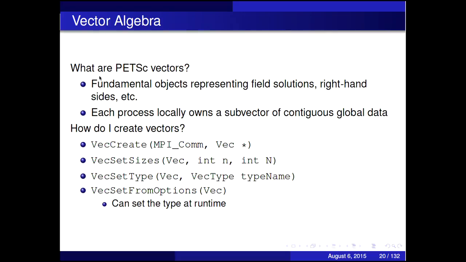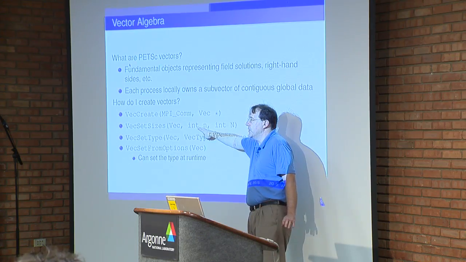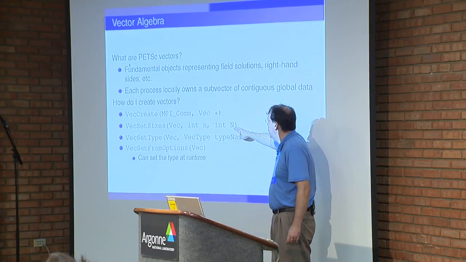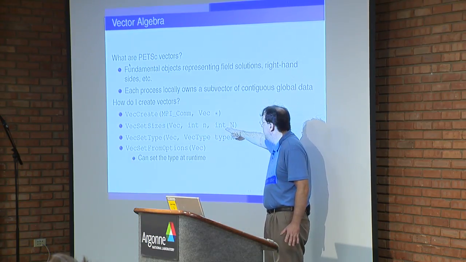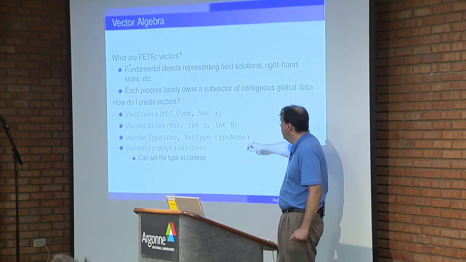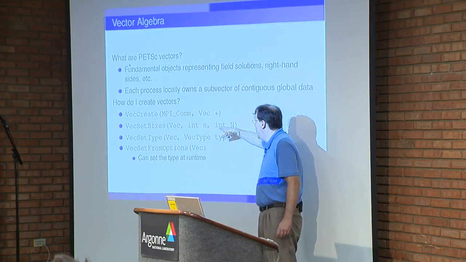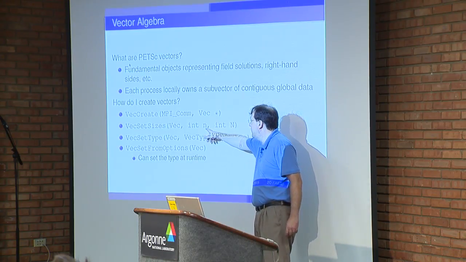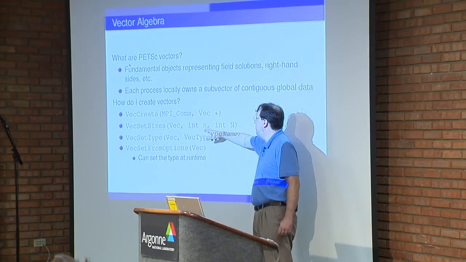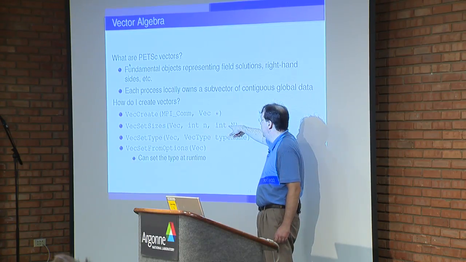In this case, vec set sizes takes the local size, which is the number of terms in the vector you want to store on this process, while this is the number of terms that's going to be across the entire communicator where the vector is stored. You don't have to pass in both. If you pass in this, PETSc will split the vector up as evenly as possible. If you don't pass in this, but pass in local sizes, PETSc will figure out this for you.